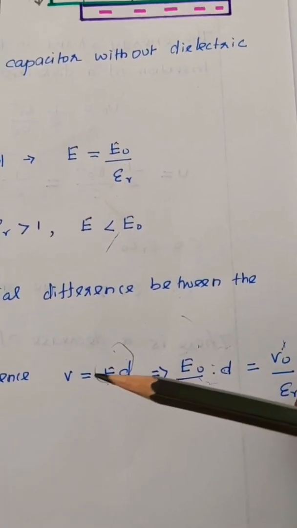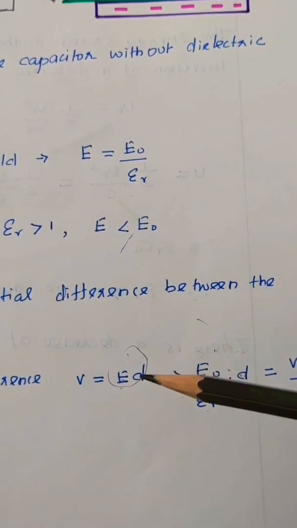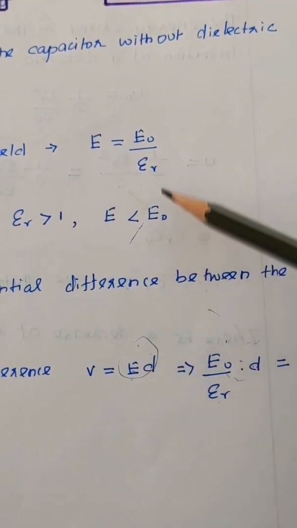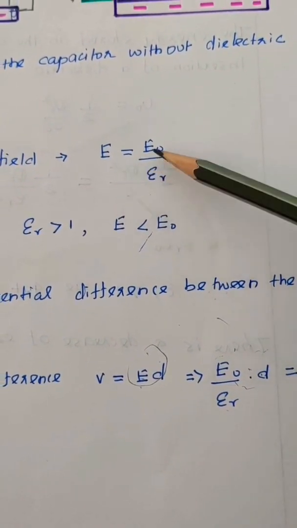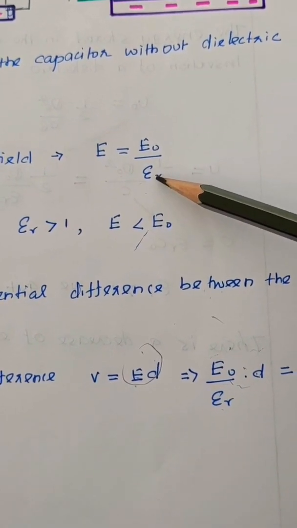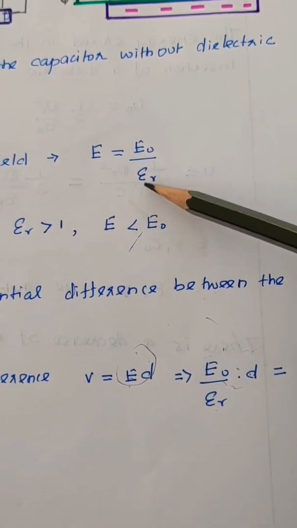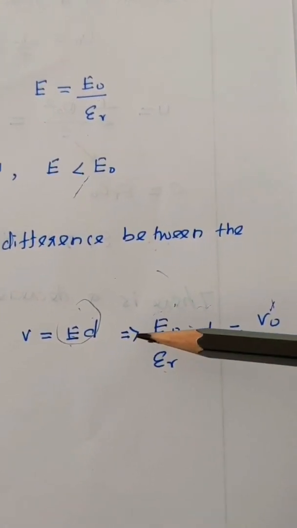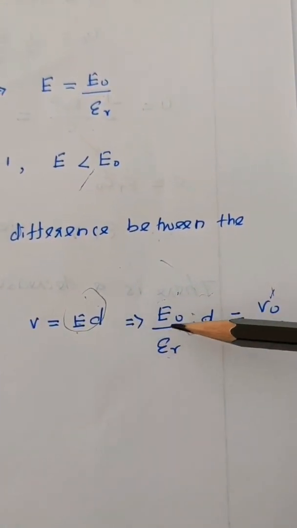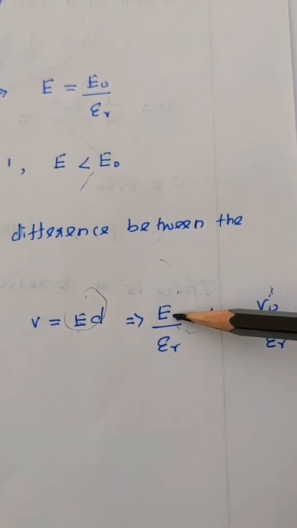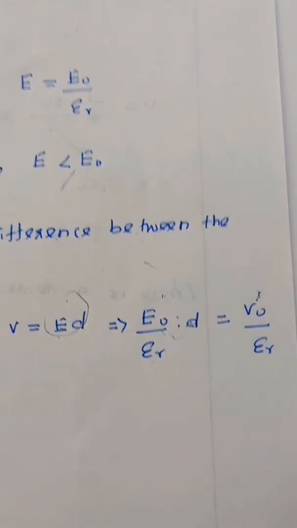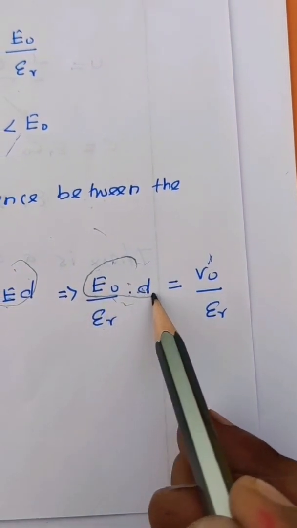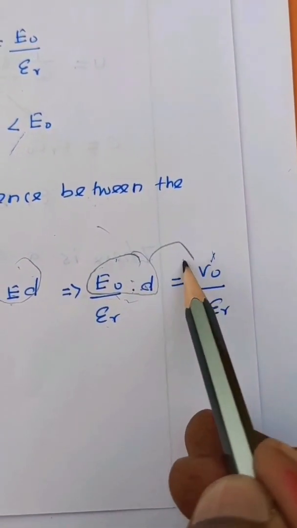So the new potential difference between the parallel plates is V equal to ED. We already know that E equal to E naught by epsilon r, so we can substitute the value of E in this equation. So V equal to E naught by epsilon r into D. Then we write E naught into D as V naught.